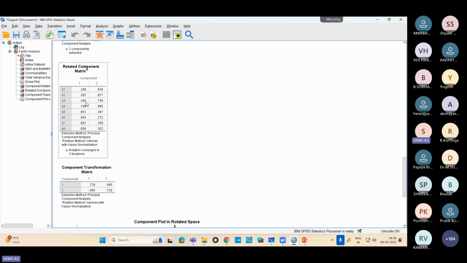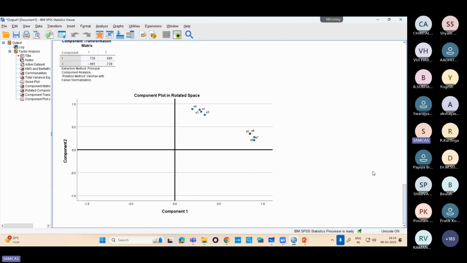That means these variables come under the latent variable 2, that is factor 2, and those variables come under latent variable 1. So this is how the variables are grouped under different factors.